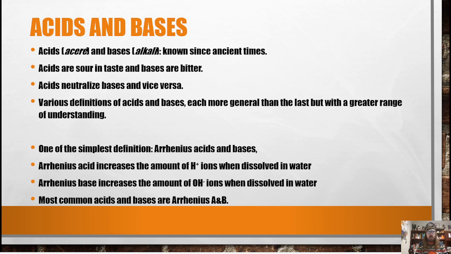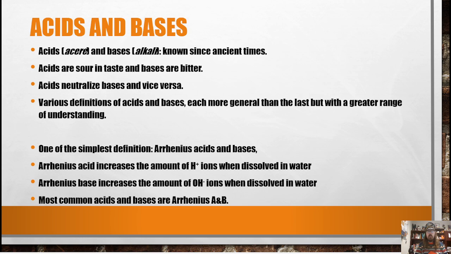Originally we thought acids had to be, for example, containing oxygen, which is why oxygenos has to do with sharp causing. Essentially the idea that acids are sharp or sour in nature, and so a lot of our acids do have oxygens, but things like hydrochloric acid, no oxygen, so that's clearly a bad definition. So our simplest one that we will specifically start with is that of Arrhenius acid and a base.